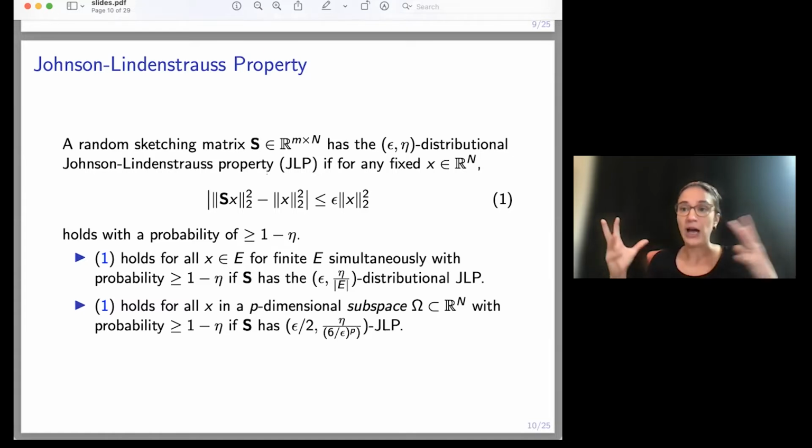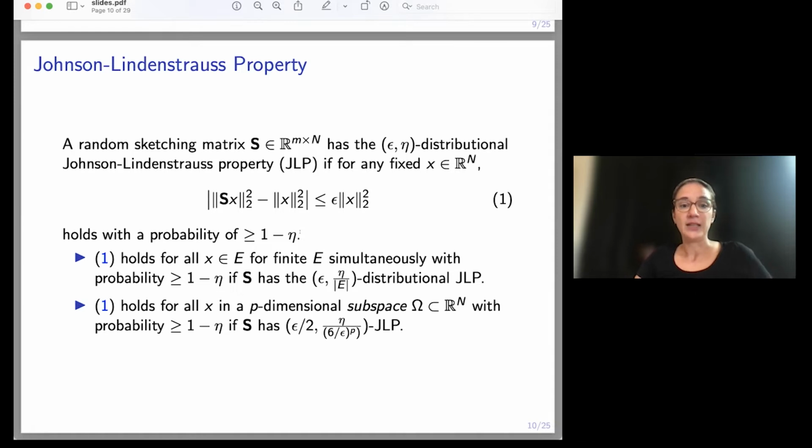It's behind lots of different concentration results involving sketches. So we say a random sketching matrix has the epsilon-eta distributional Johnson-Lindenstrauss property if, for any fixed x, we get a 1 plus or minus epsilon concentration of the squared L2 norm of Sx around the squared L2 norm of x, and this holds with probability 1 minus eta.